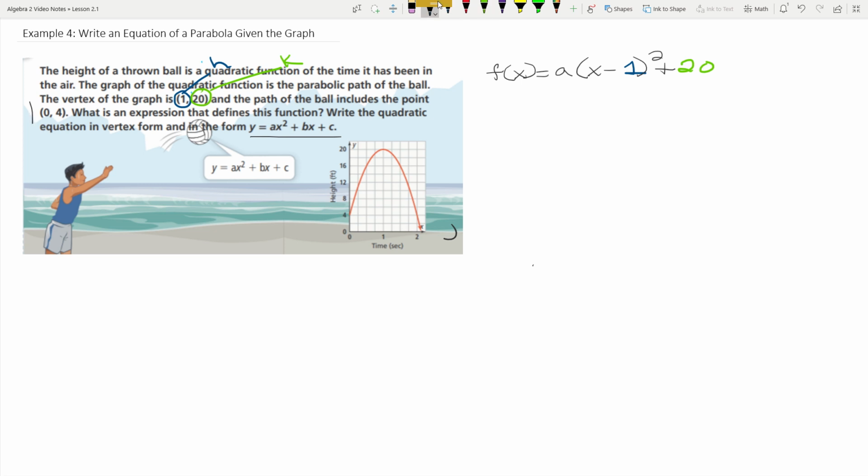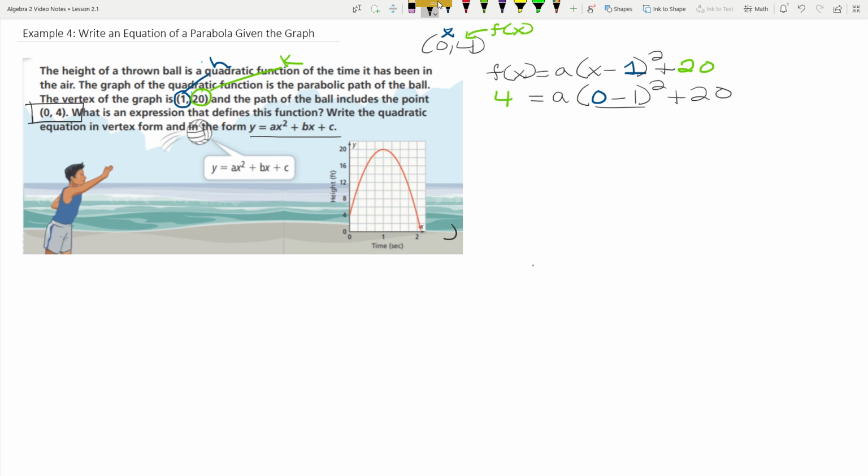Now we're going to use the point (0, 4) in order to plug it in. Remember the point (0, 4): x is 0, and y, or f of x, is 4. So let's plug those in. We get 4 equals a times x, which is now 0, so 0 minus 1 squared plus 20.